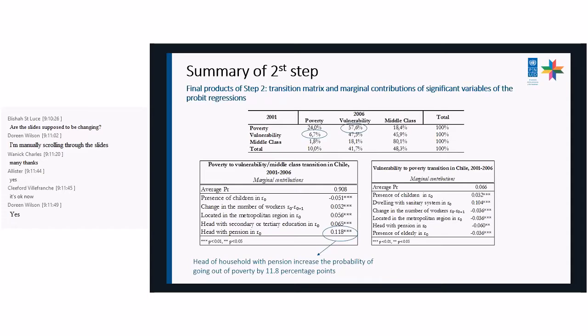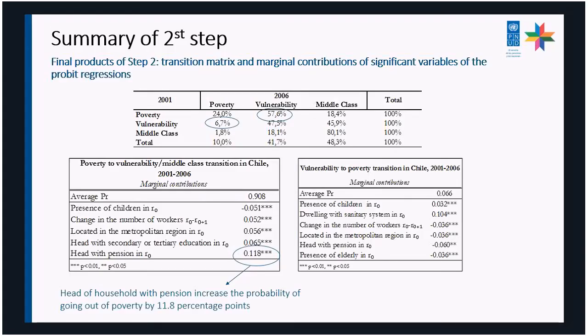These are the products that I was talking about, the final products of our second step. Now you can see the transition matrix, and these 2 tables are the results of the marginal contributions of the probit regressions, and with this quantitative information of these 2 tables, we are going to construct our policy recommendations.